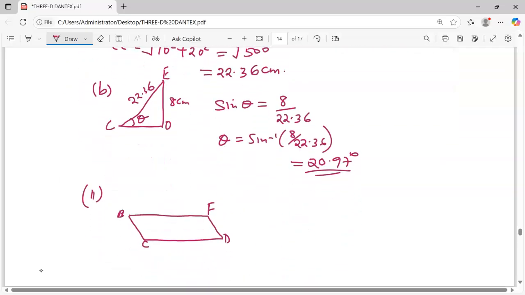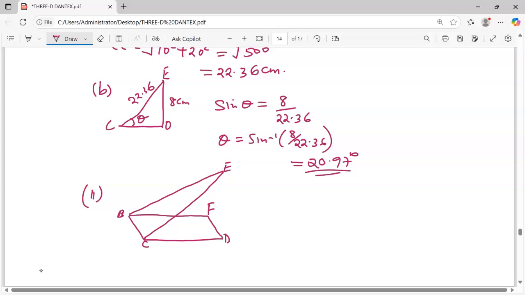Already we have BC, so we need to locate the point E at this point, and of course join it to this point here. So we need the angle between EBC and BCDF.